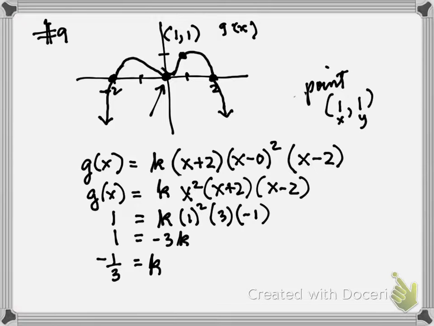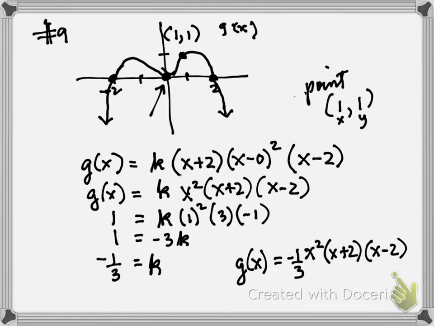So now I'm ready to write the equation. My g of x is negative 1/3 x squared. You can also write the x squared as x minus 0 squared, but when you simplify that, it's just x squared. And then x plus 2, then x minus 2.